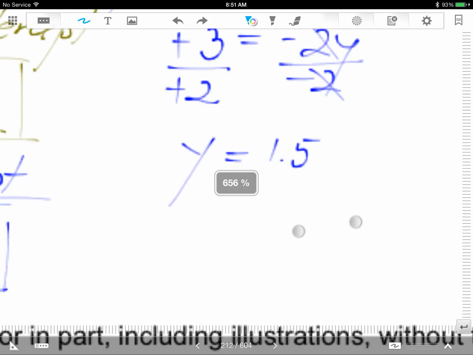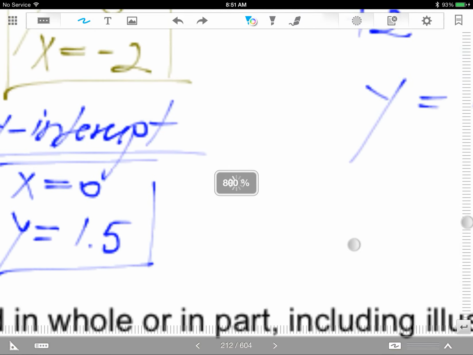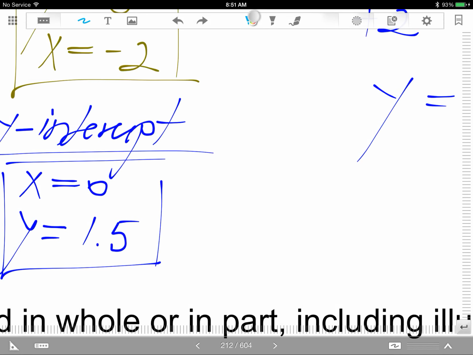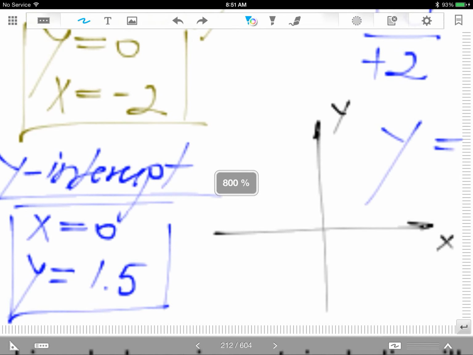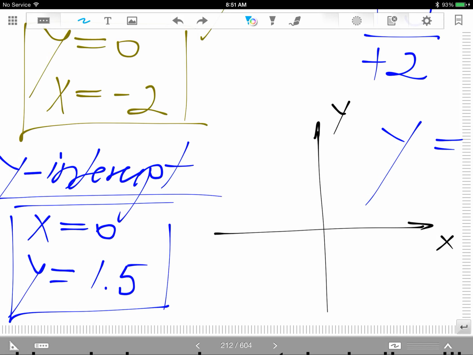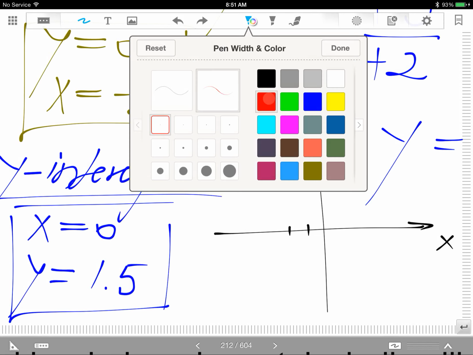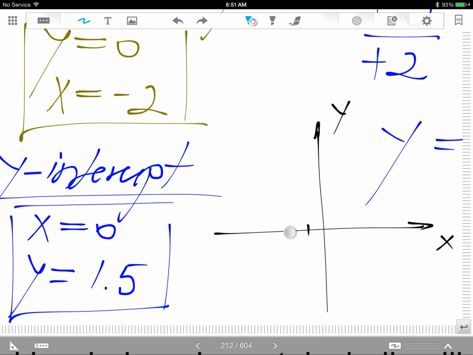Okay. You can use your coordinate system. X, Y. X intercept will be at the point with the coordinates negative 2 and 0, right? That's the point right there.